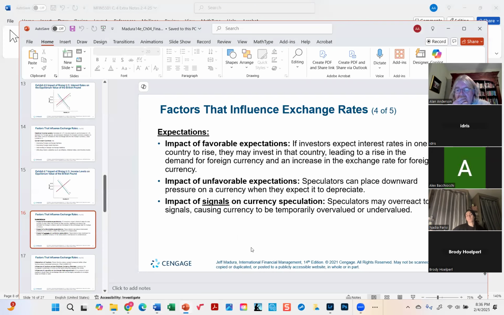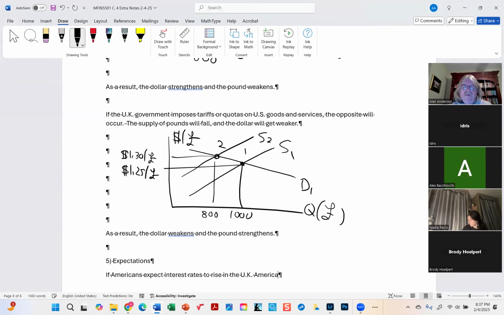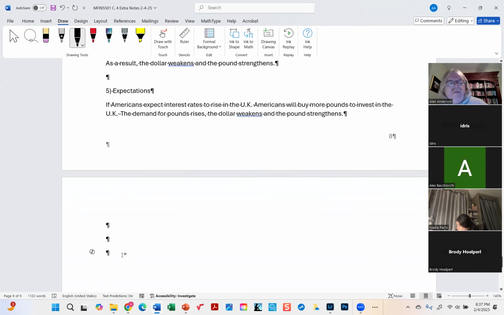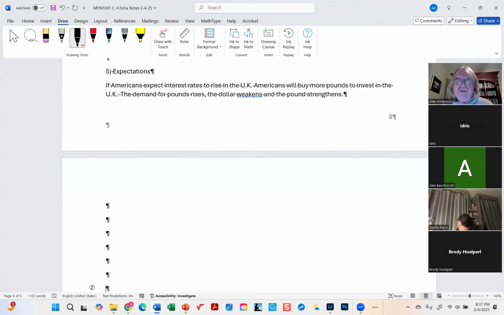Before they even rise, Americans will buy more pounds to invest in the UK, and the demand for pounds rises, and the dollar weakens. Now, there could be other expectations too, like inflation changing it, whatever, but this is the one that's probably the most important because investors are basing their decisions on these expectations.